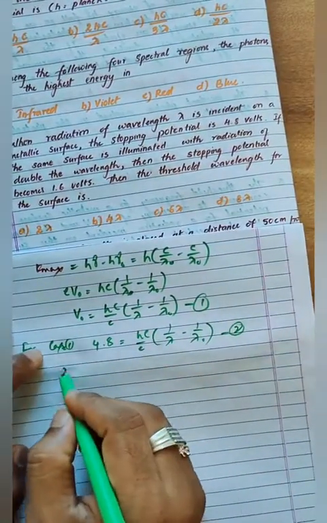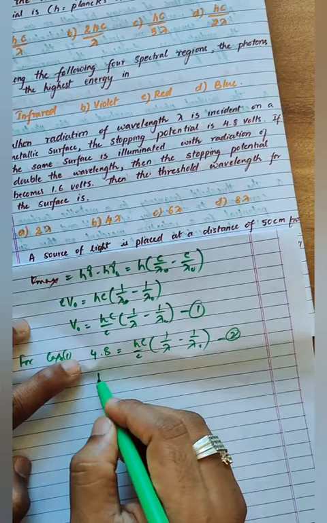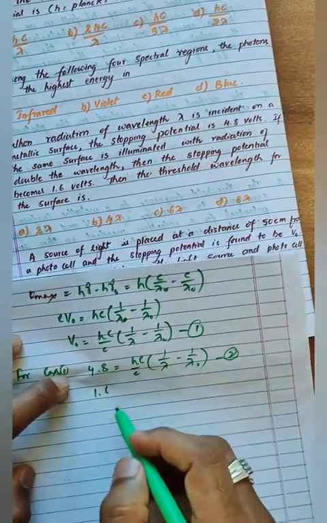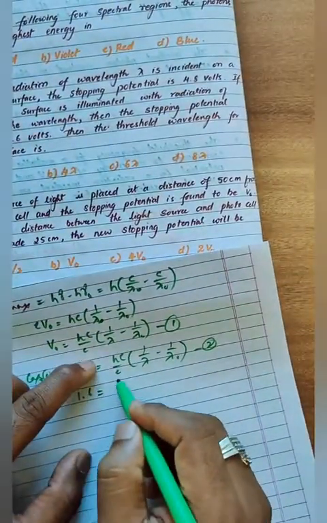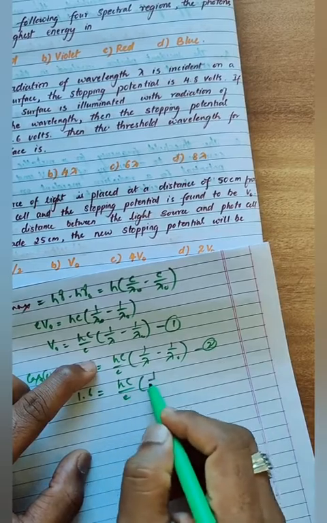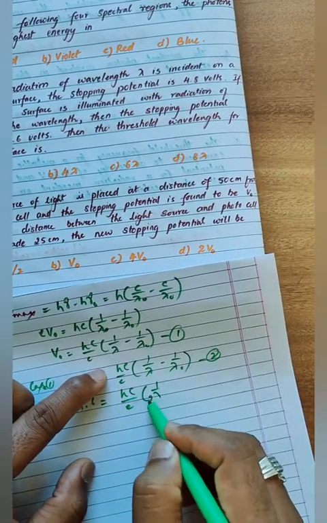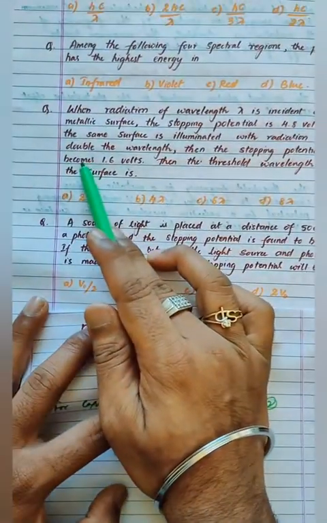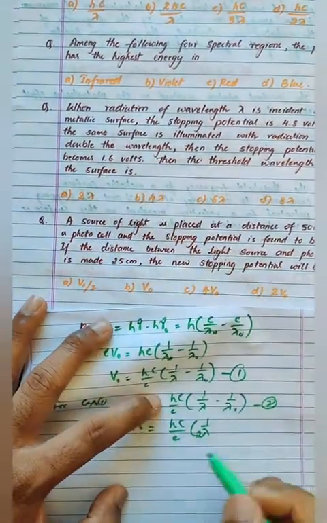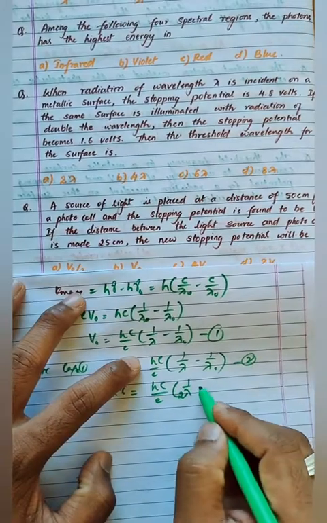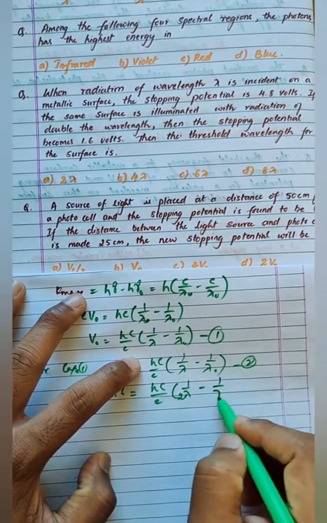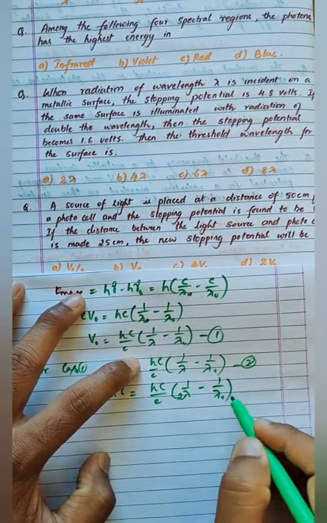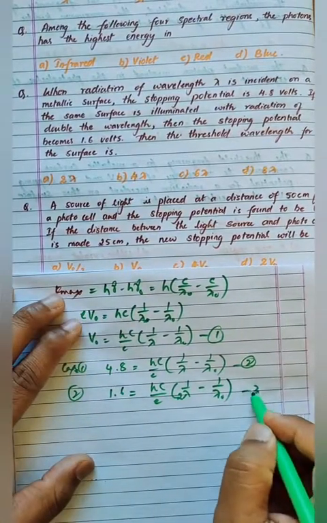Now for case 2, the potential is 1.6, which is equal to hc by e times (1 by 2 lambda minus 1 by lambda naught), because they have written it is double the wavelength, so 2 times the wavelength they had. This lambda naught will remain the same. This is equation number 3.